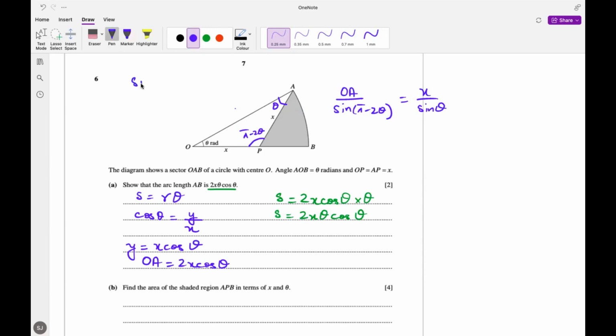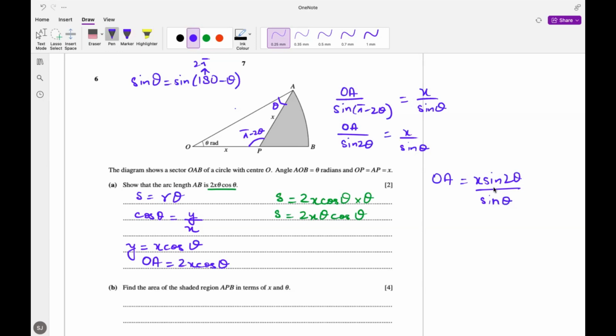Now we know the identity of sine of pi minus theta. The identity for sine is sine theta equals sine of 180 minus theta. So we can write it as OA upon sine of 2 theta equals x upon sine theta. OA will become x sine of 2 theta upon sine theta.